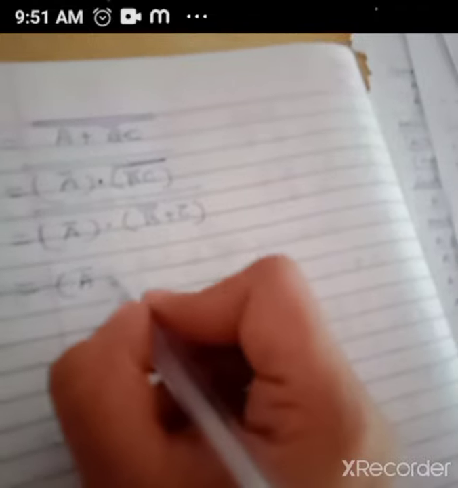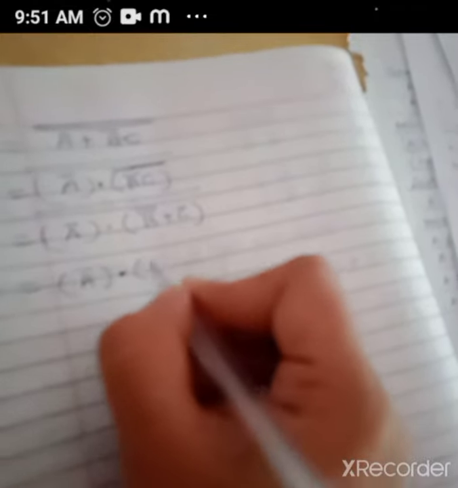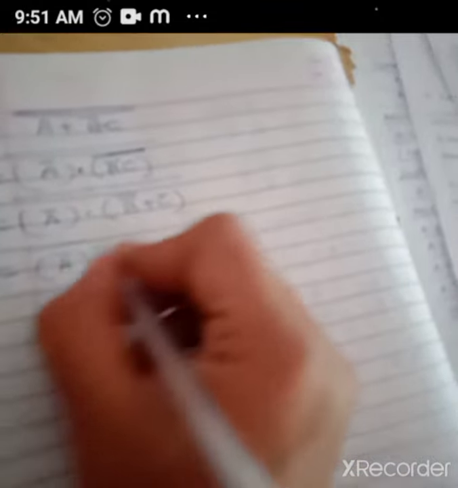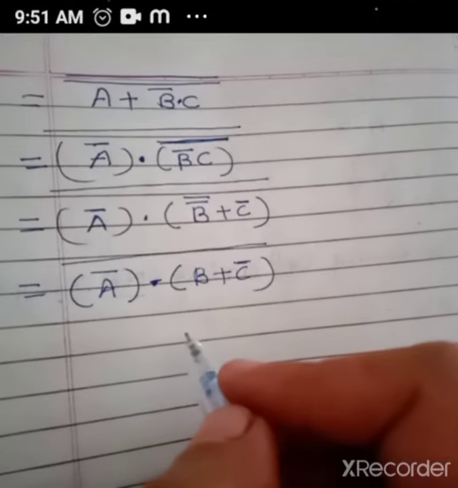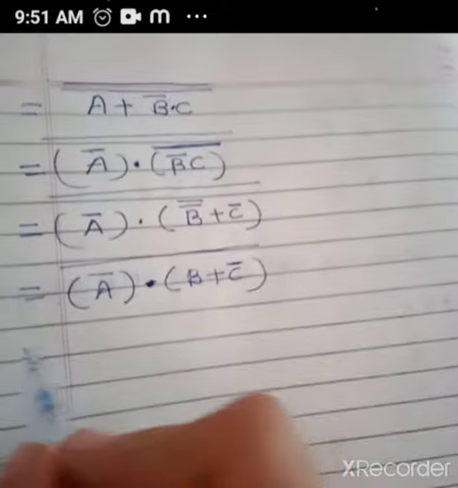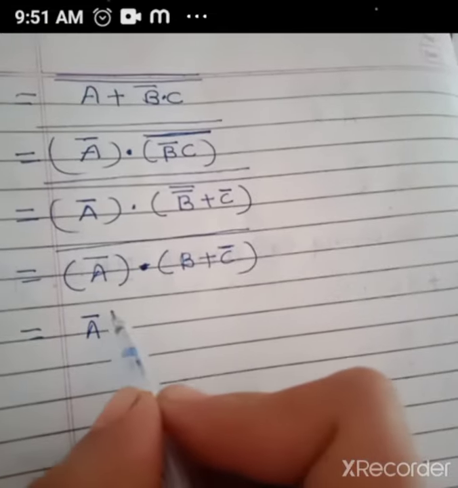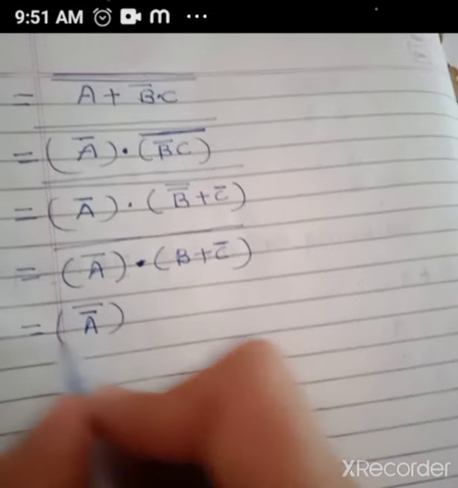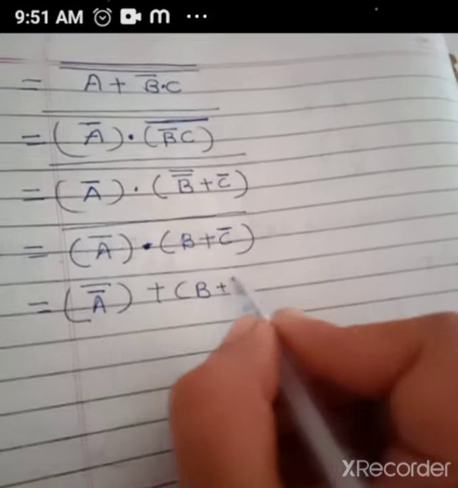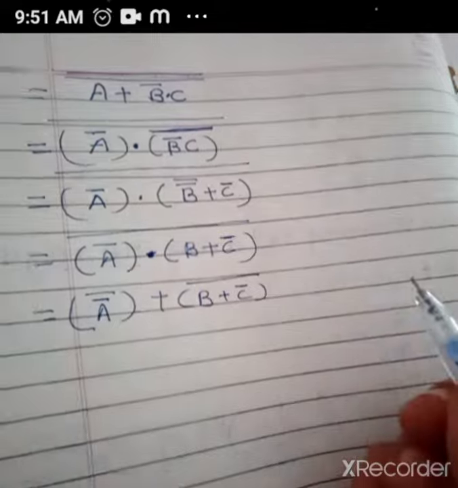Remove this double bar with the inversion law. Now if you want to implement this with NOR, this multiplication you have to remove. So separate this bar. Right.